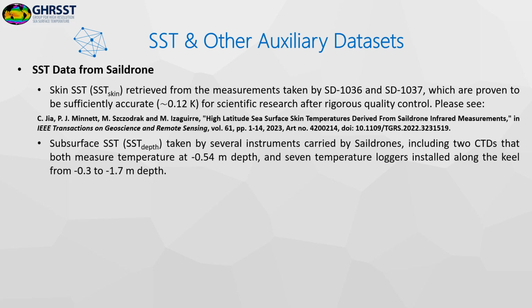Its accuracy has been proven to be sufficient by the paper given below, about 0.12 K, after rigorous quality control. Subsurface SST is measured by CTDs and temperature loggers at different depths along the Saildrone's keel.